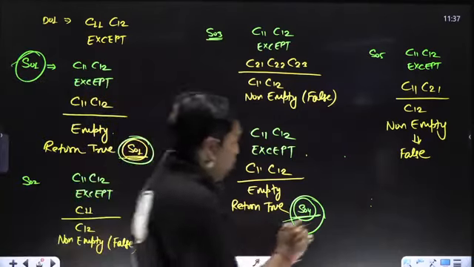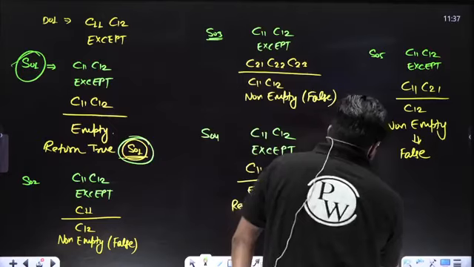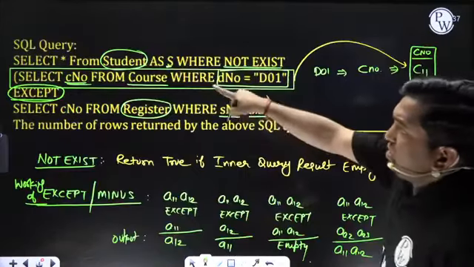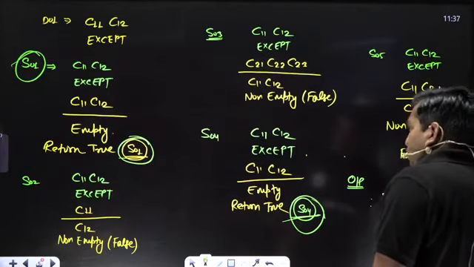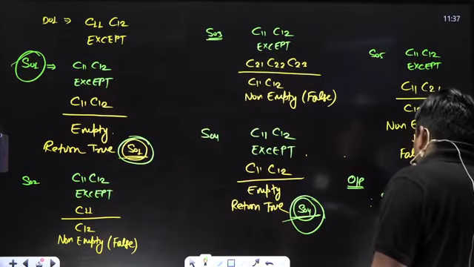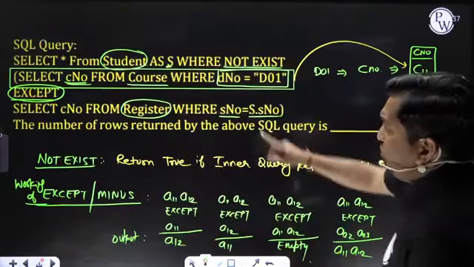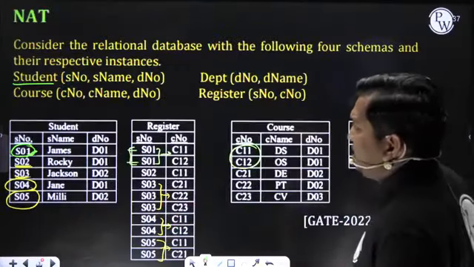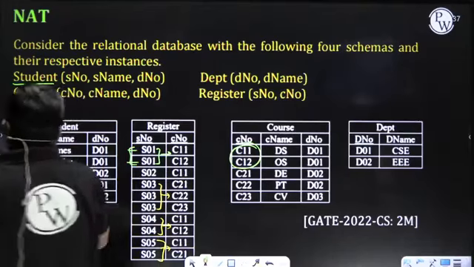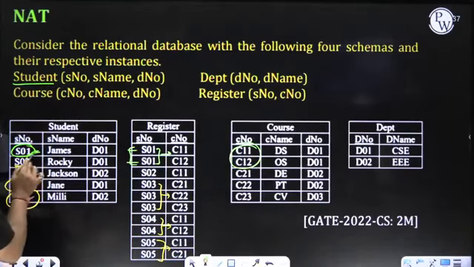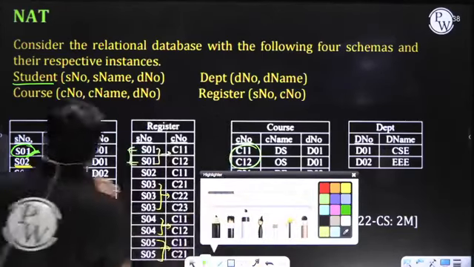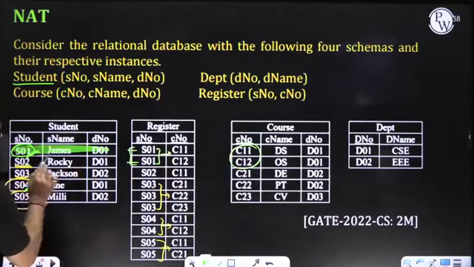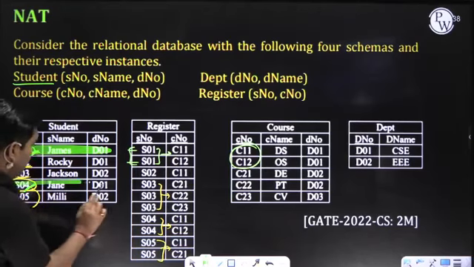So what is the output of this query? It is asking select star, so you are getting the entire tuples of S01 from the student table and S04: S01 James D01 and S04 Jenny D01.